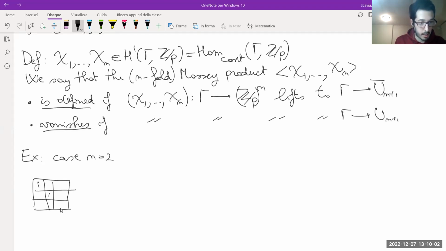We have ones on the diagonal, and then we have chi 1 here and chi 2 here, and so this is already everything except for the upper right corner. So we have already lifted to U 3 bar. The map from U 3 bar to Z mod p squared is already an isomorphism. So chi 1, chi 2 is always defined.